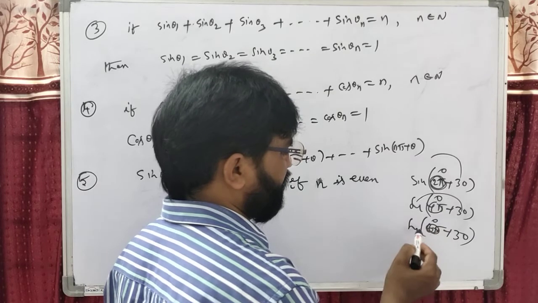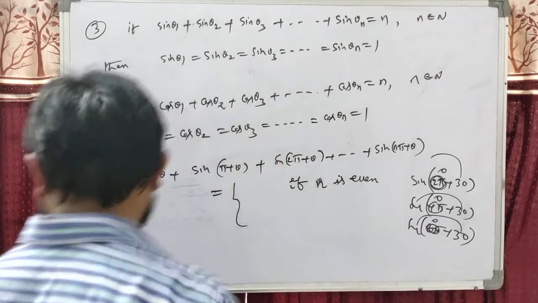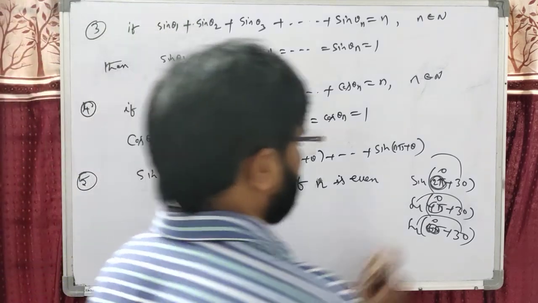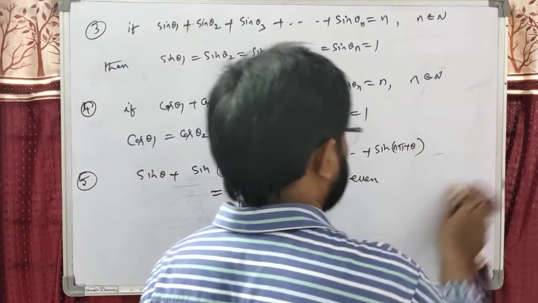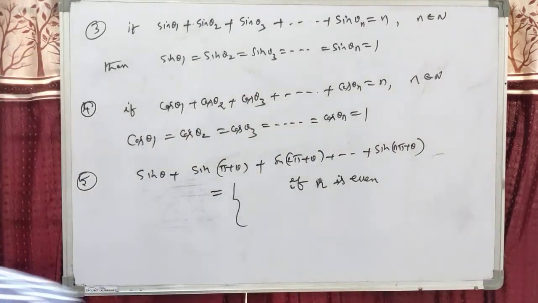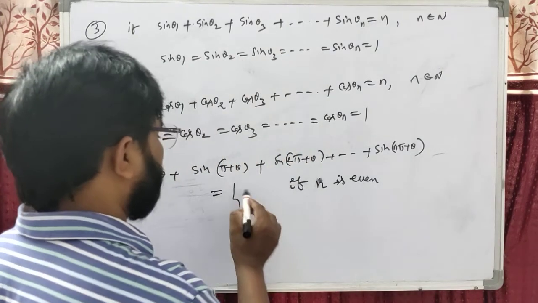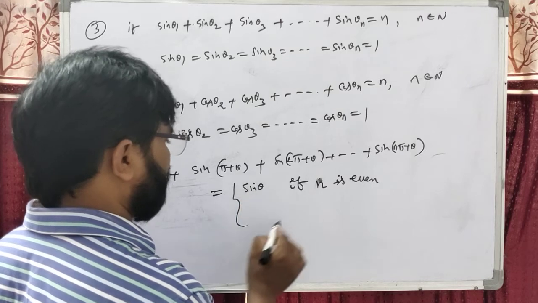Here also sine 30, here also sine 30. That's why we can write sine theta plus sine of pi plus theta plus sine of 2 pi plus theta, and if n is even, again we get sine theta.